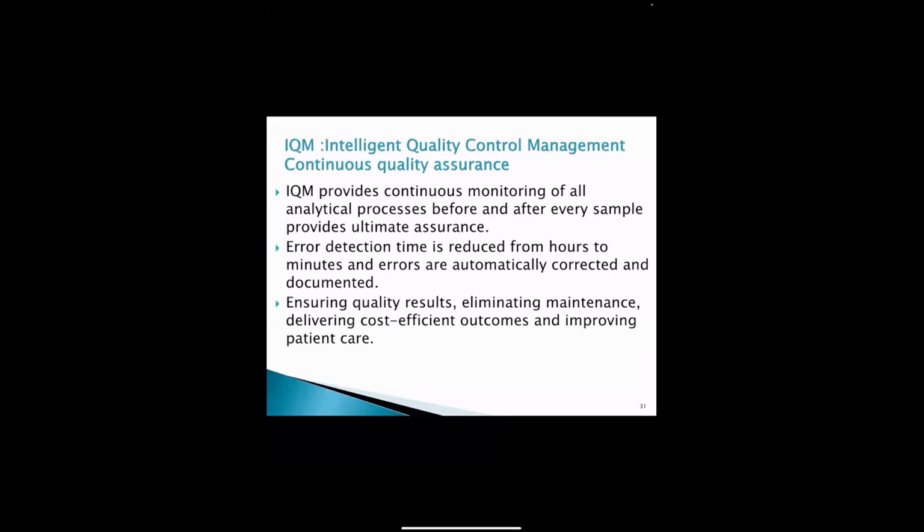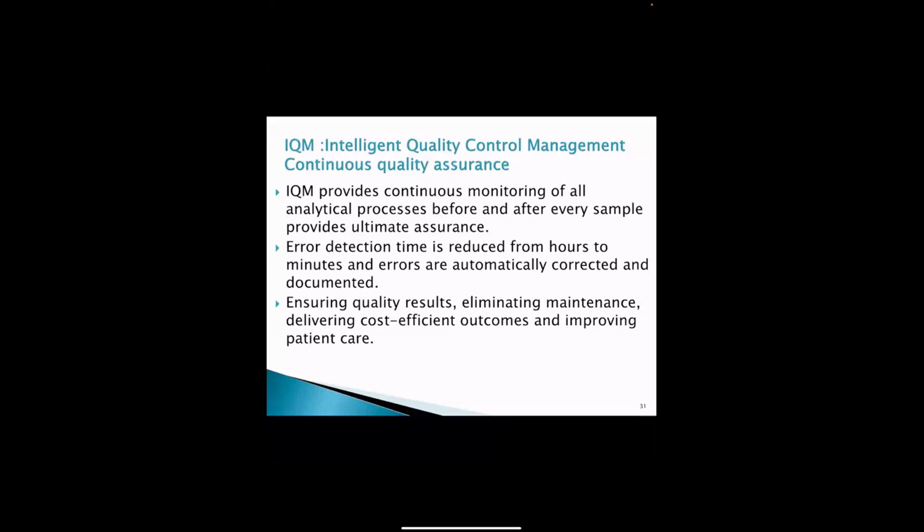So let's talk here about the new technological innovation, which is the intelligent quality control management system. There are some blood gas analyzers in the market coming with an intelligent quality control management system, and this option will help to have a continuous quality assurance. So the IQM provides continuous monitoring of all analytical processes before and after every sample, providing ultimate assurance.